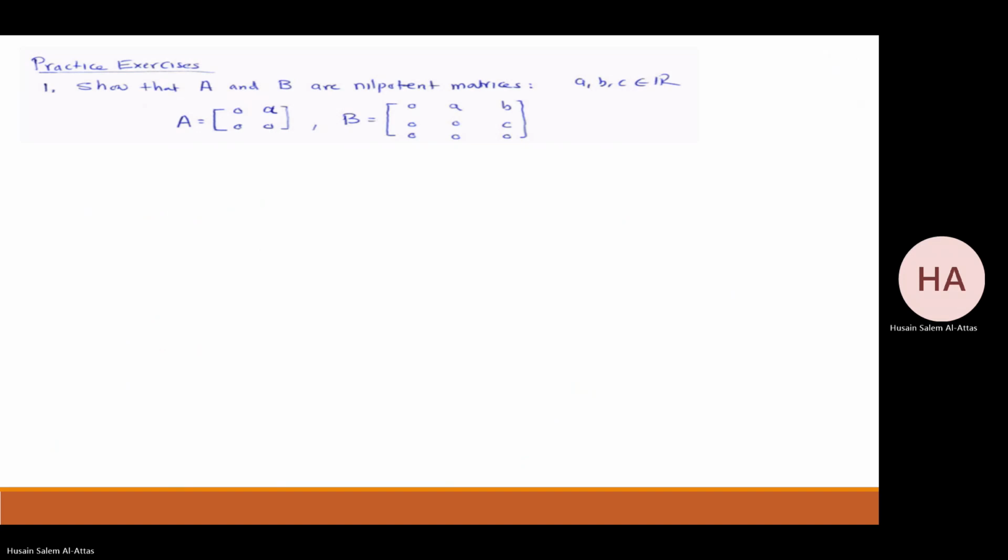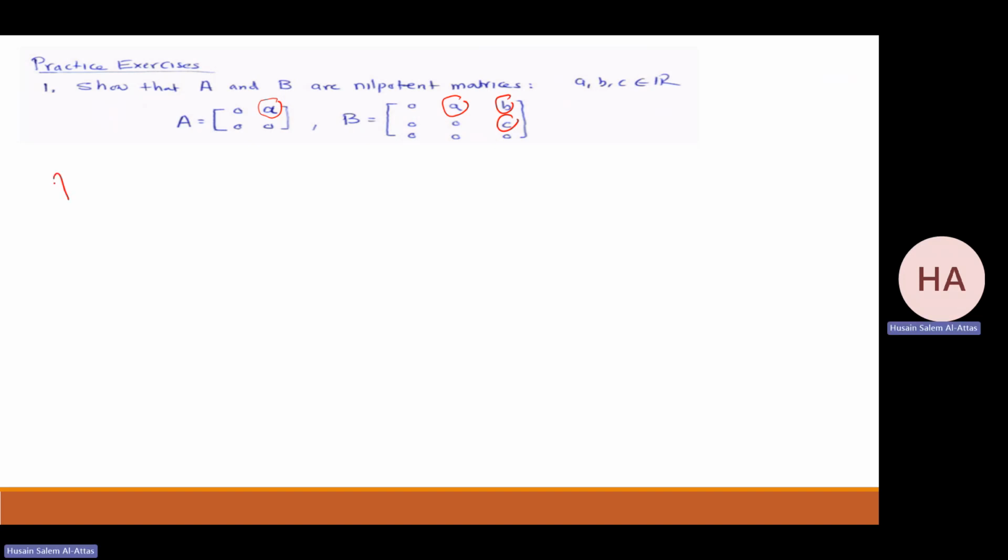If I have a matrix in this format, then it will be nilpotent. They call it upper triangular. I just have non-zero elements in the upper triangle, above the diagonal.